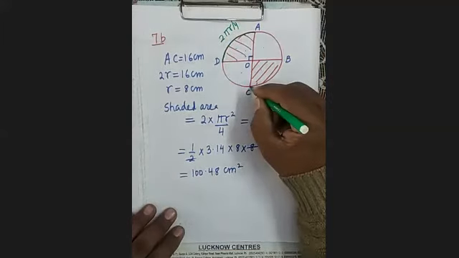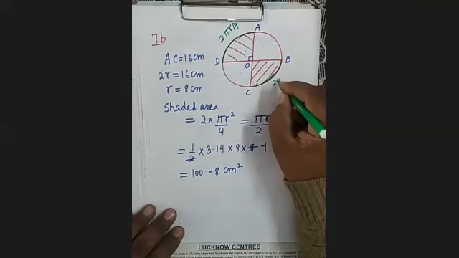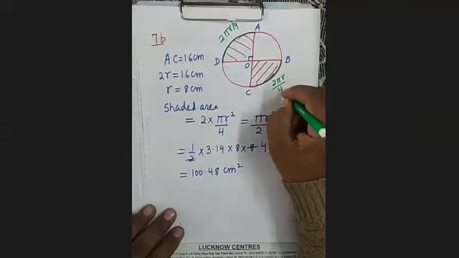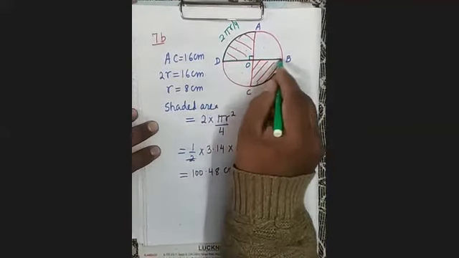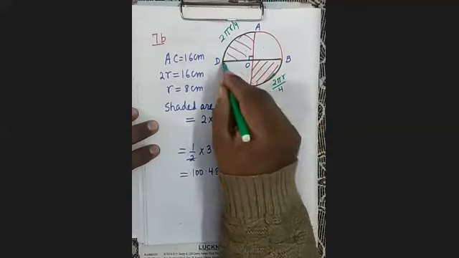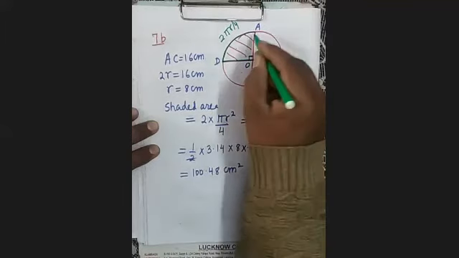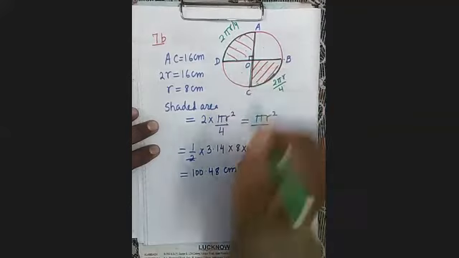Then this is also touching the shaded portion. So this is also 2 pi r upon 4. Then this line is also touching the shaded portion. ये shaded portion को touch कर रही है. What will be its length? 2r. And this is also touching the shaded portion. So this is 2r.